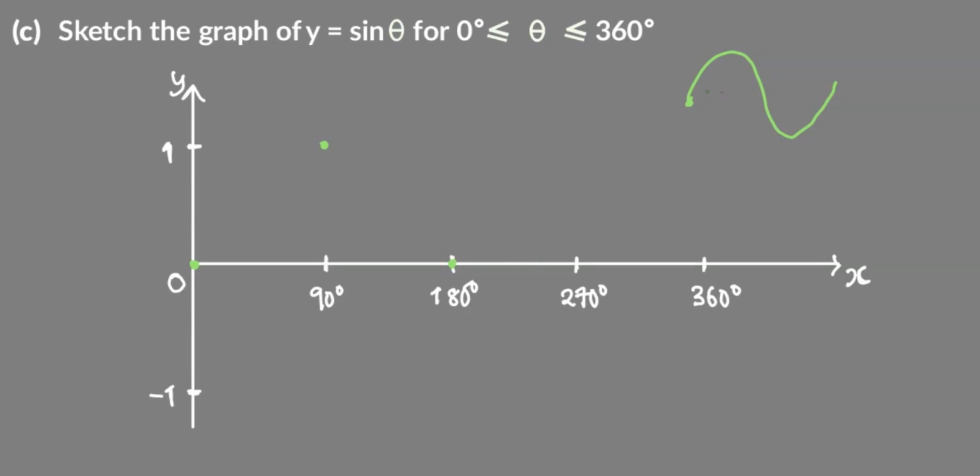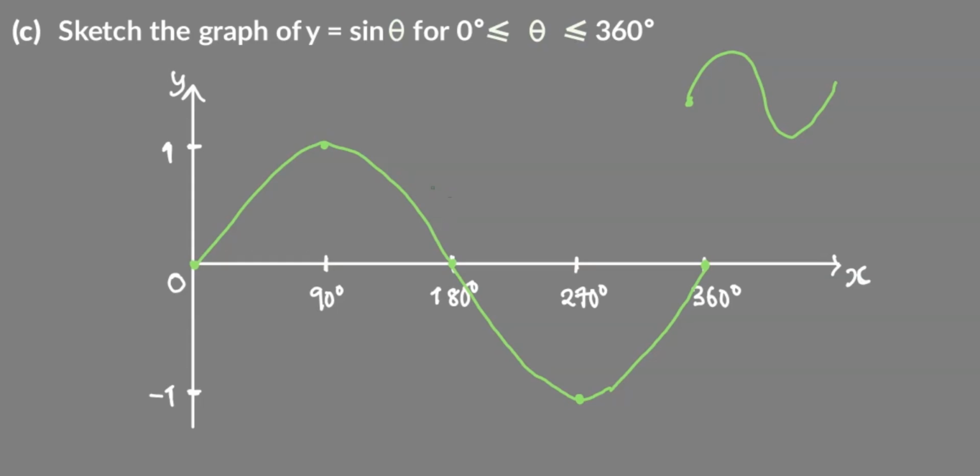The next one is going to be 270, and it's going to be -1. Then the last one is going to be on 360. So what remains here is just joining these points that we've made and making it look very smooth. So this is our sine graph.